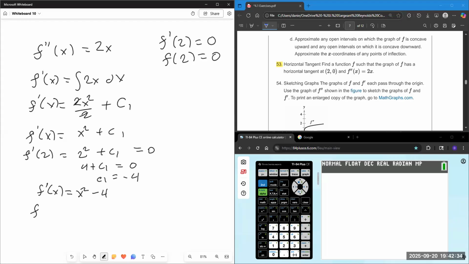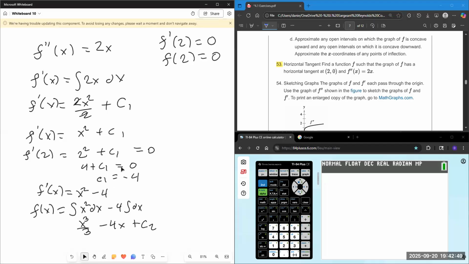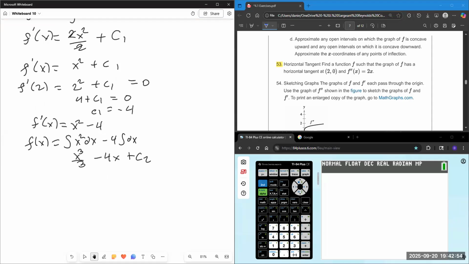F of x is equal to the integral of x squared dx minus 4 times the integral of dx, which is x cubed over 3 minus 4x plus c2. And we have the point (2, 0) given to us. F of 2 is equal to 2 cubed over 3 minus 4 times 2 plus c2, which needs to be 0. 8 thirds minus 8.